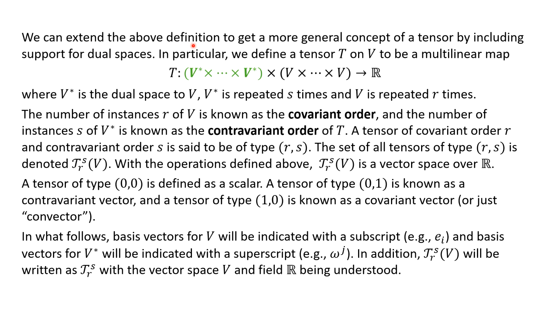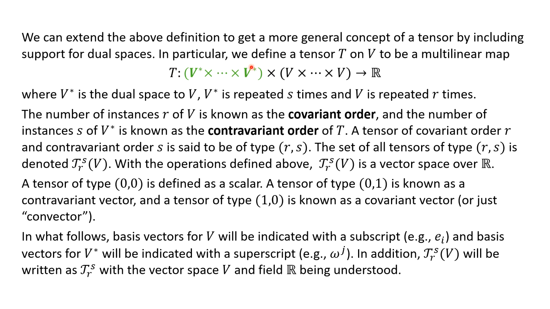We can extend the above definition, this is what's typically done, to get a more general concept of a tensor by including support for dual spaces. So rather than just taking the tensor going from the Cartesian product of V to R, we now can add in a Cartesian product of a number of dual spaces, and you get this expression here.